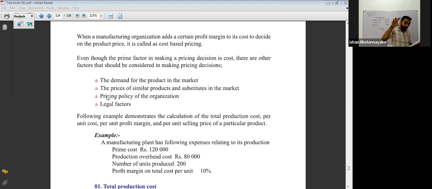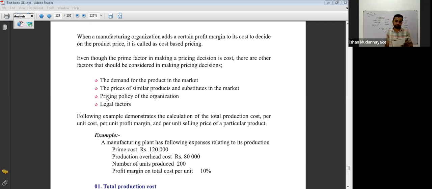They compare Maliban Company prices, the prices of similar products. For Munchee biscuits, the Maliban Company manufactures similar products. Therefore, they need to focus on prices of similar products manufactured by the Maliban Company.